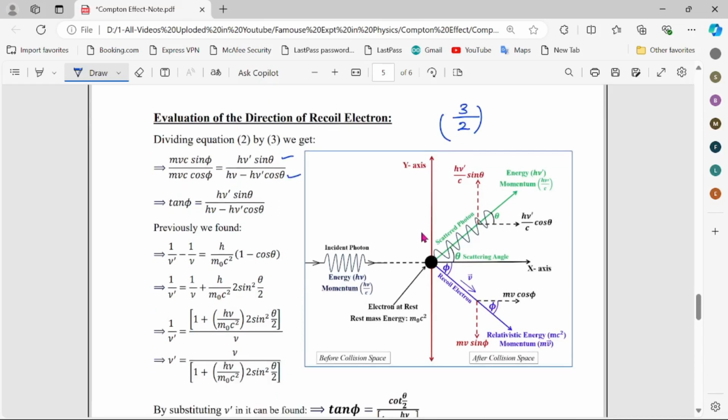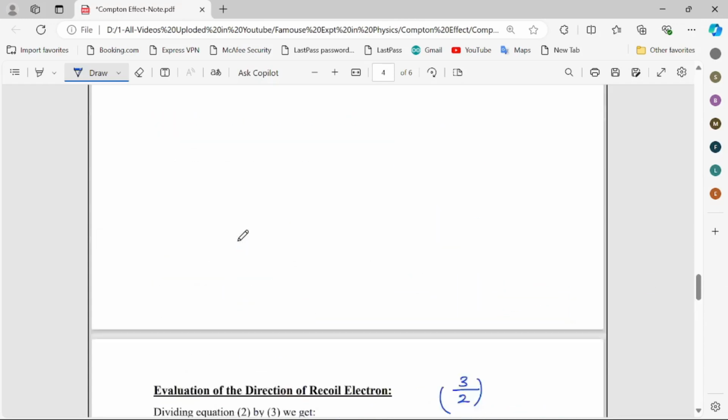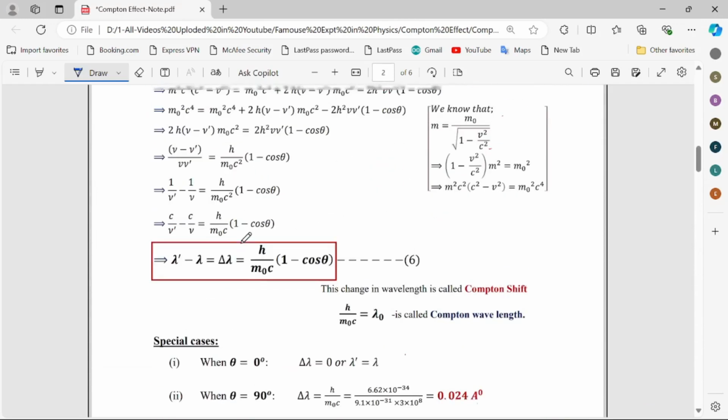Okay, so here mvc got cancelled, and we found tan phi equal to h mu dash sin theta by h mu minus h mu dash cos theta. Previously we found 1 by mu dash minus 1 by mu equal to h by m0 c square into 1 minus cos theta.